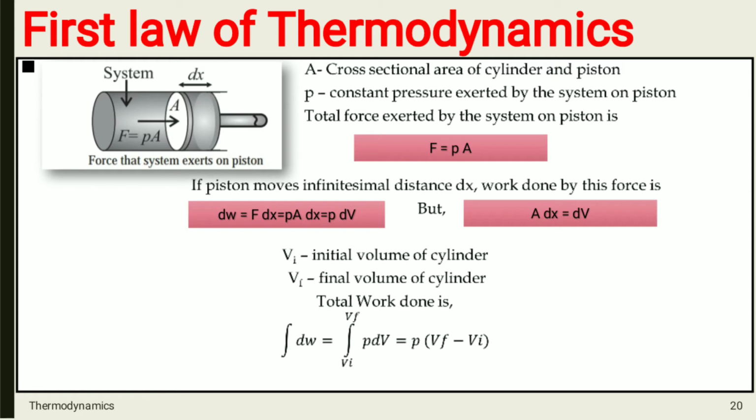Here the volume of gas is changing and the pressure of gas is constant. So we can take the pressure of the gas outside the integration, and the integration of dV is V, and by putting the limits you can write the equation W is equal to P into (Vf minus Vi).